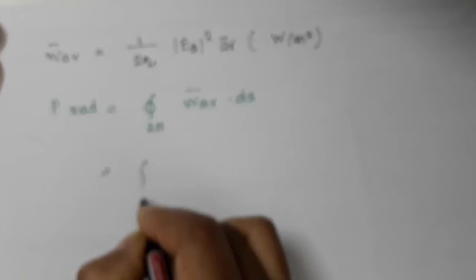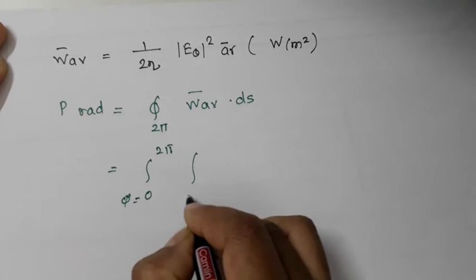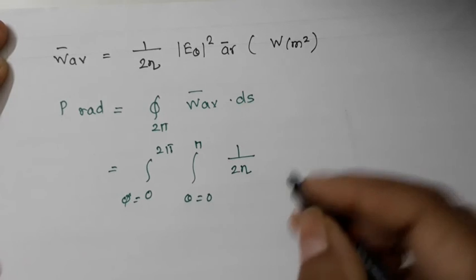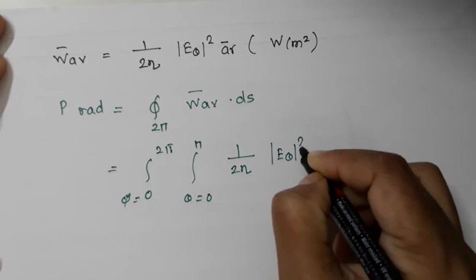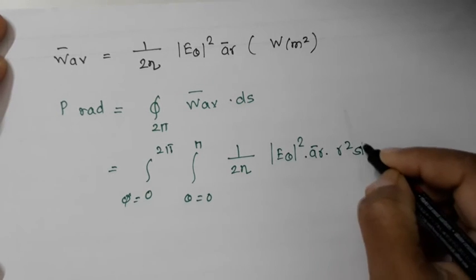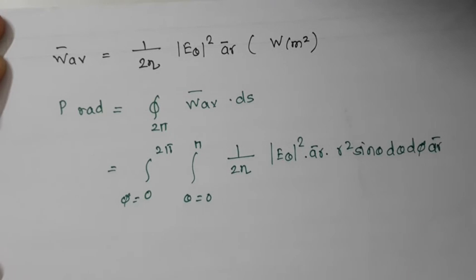So I'll write it as phi from 0 to 2 pi, theta from 0 to pi, 1/2 eta E theta square a r, r square sine theta d theta d phi a r.